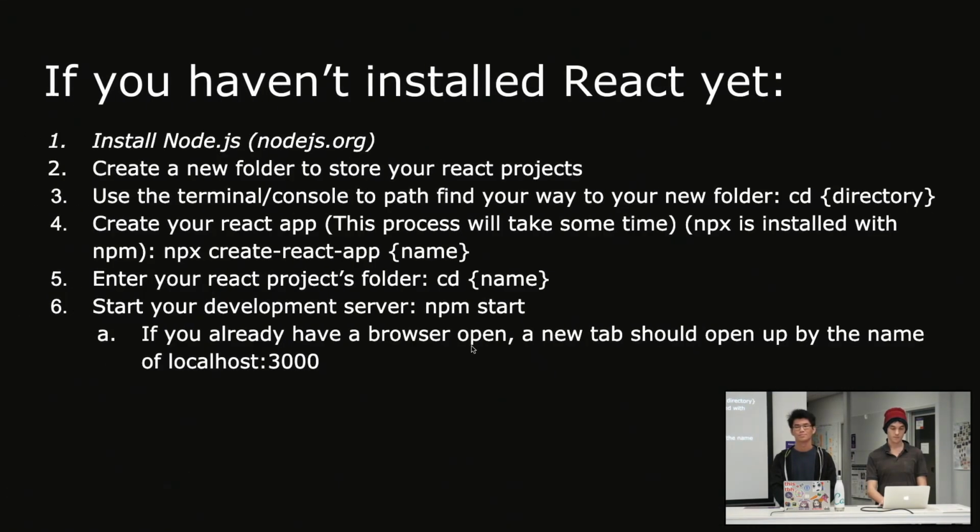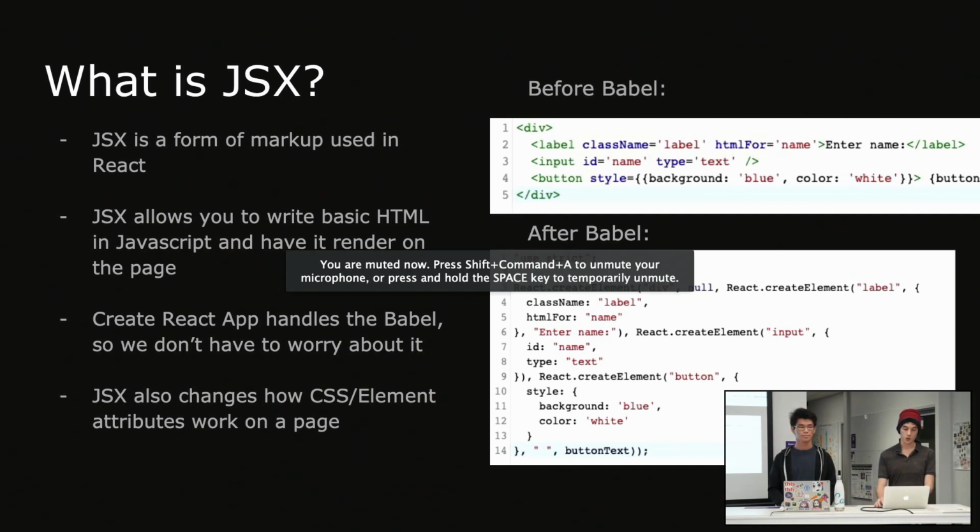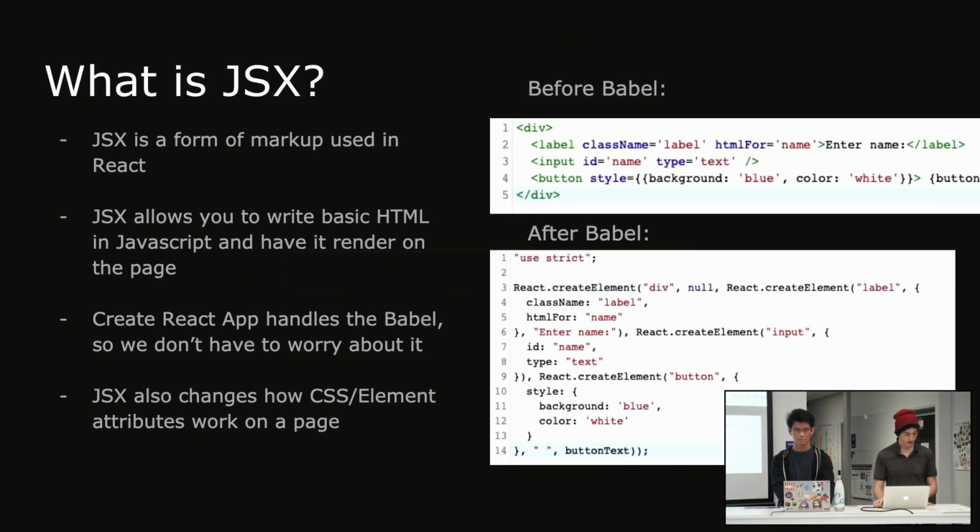All right. So, React works with JSX, which is a form of markup used in React. Basically, it allows you to write JavaScript in HTML, and it combines it all together, so it's easy for you to use in general. So, for example, before we installed Create React App. Create React App does all these conversions for you.